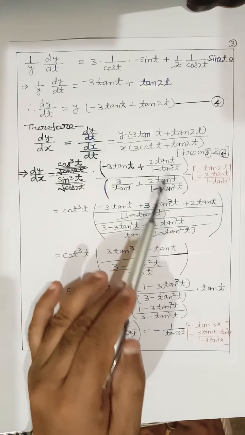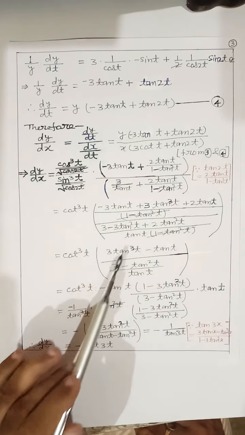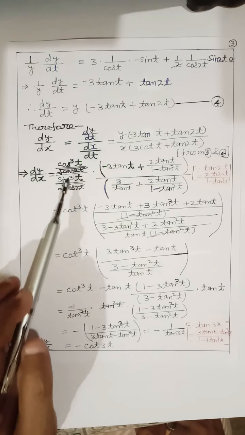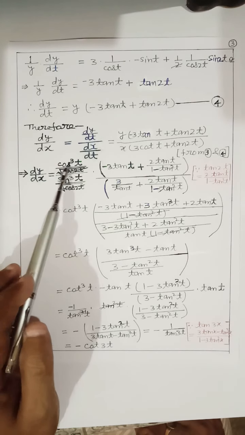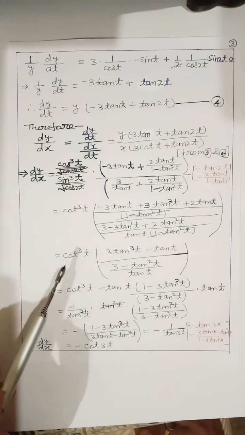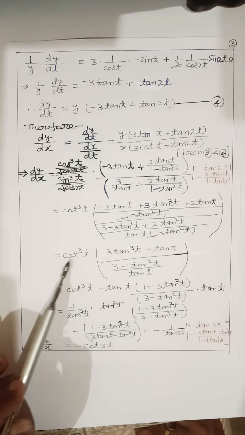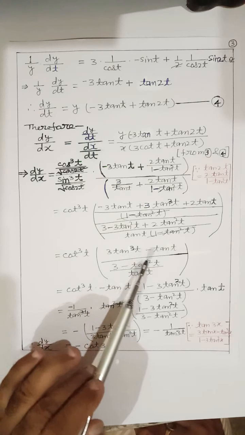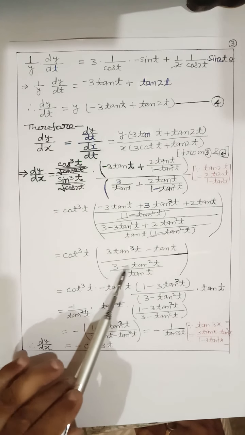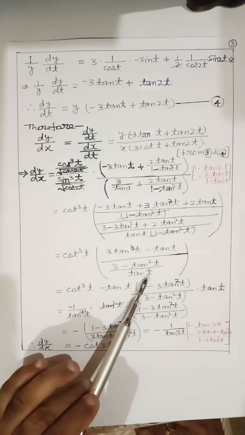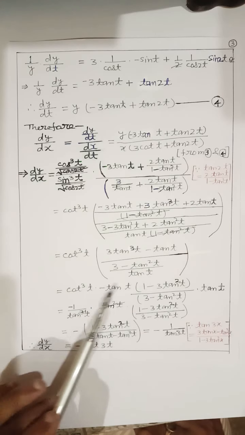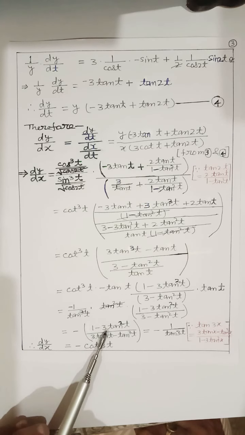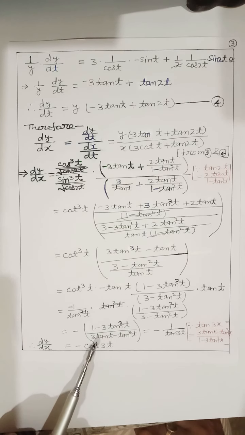And here taking LCM and solving this, we get cos cube t by sin cube t, this is cot cube t, cot cube t into (3 tan square t minus 1) by tan t, and here solving this again, finally we get.